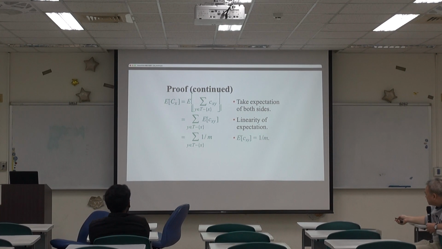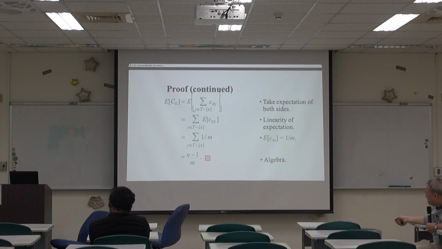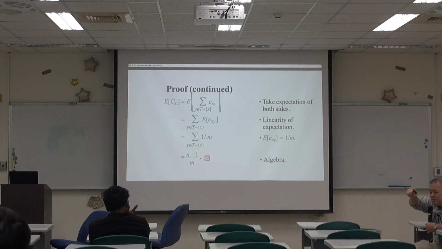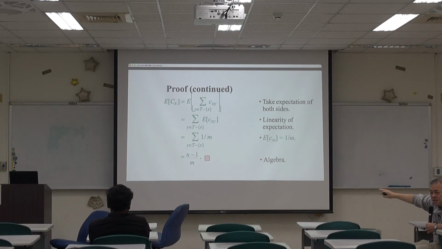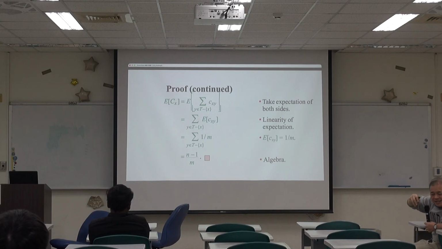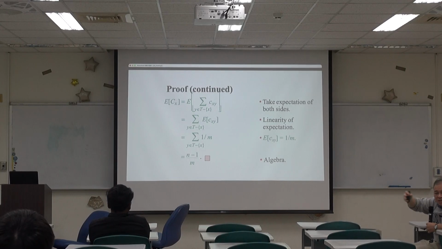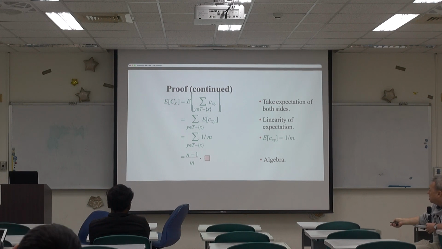So that will give you n minus 1, because the size of table T is n. We have n records. So other than the record x, the other y's are n minus 1 records out there. So that's it: n minus 1 divided by n.